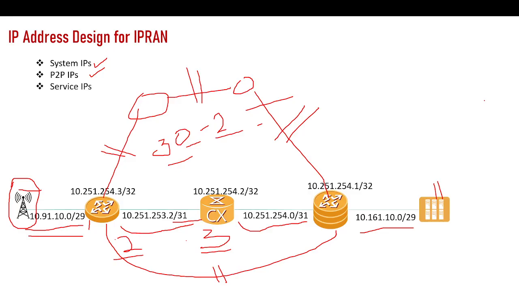So from the start, you should be using the best practices. Use /31 for point-to-point connections. /30 also can be okay. For the services, of course, that one purely depends on how many services you have and the IP requirement that you need to set up for your network.